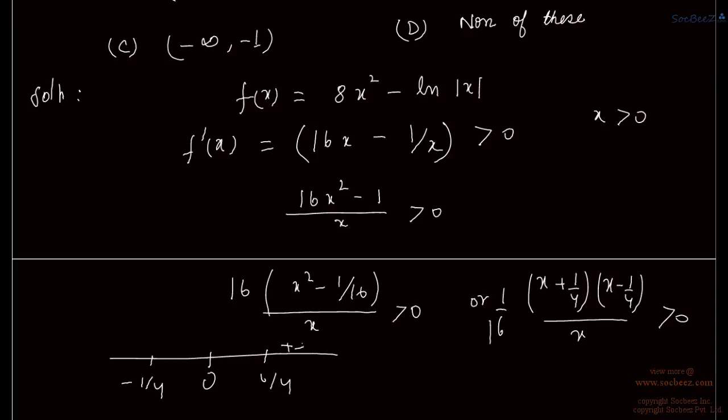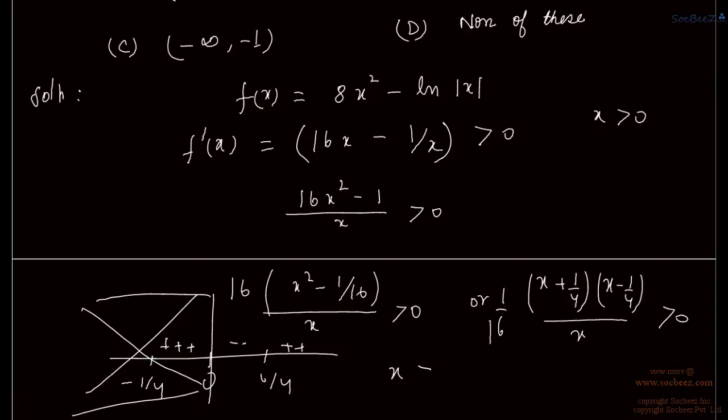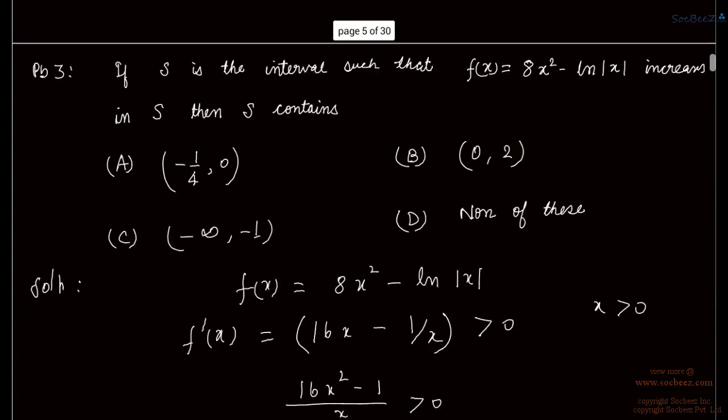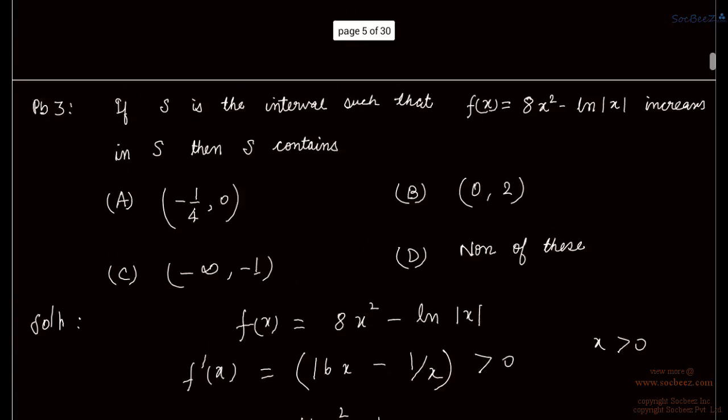This side is positive, between 0 to 1 by 4 is negative, again minus 1 by 4 to 0 is positive, but the domain is x greater than 0. So we are not going to consider less than 0. So the quantity is greater than 0 when x is greater than 1 by 4. That is, it lies between 1 by 4 to infinity. So none of the options are getting satisfied.